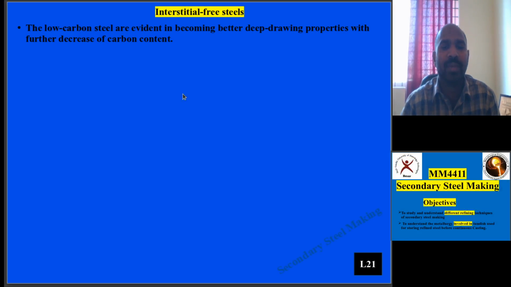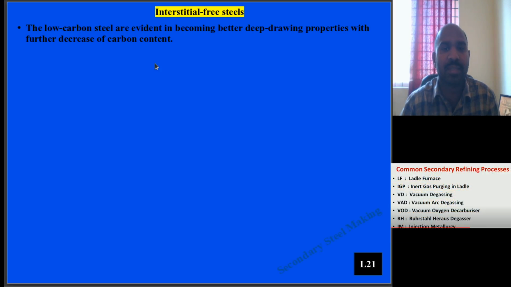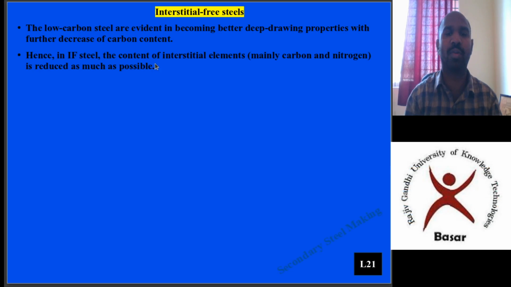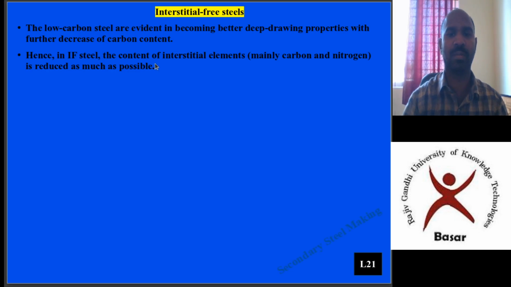The first point is that low carbon steels are proven in all these car body applications. The deep drawing properties, or deep drawability, are increased by decreasing the carbon content in steel, and that was the main point towards developing interstitial free steel.